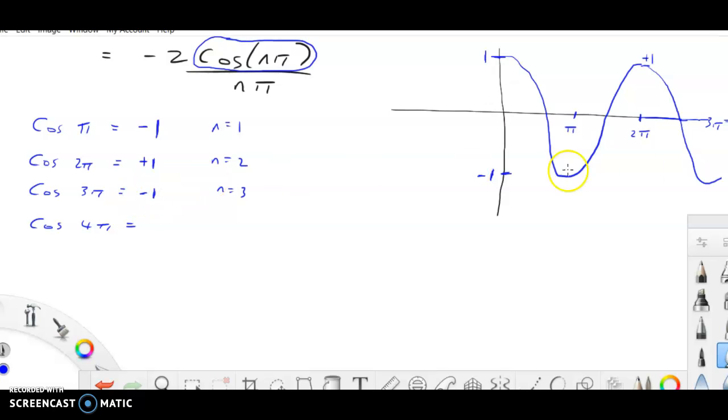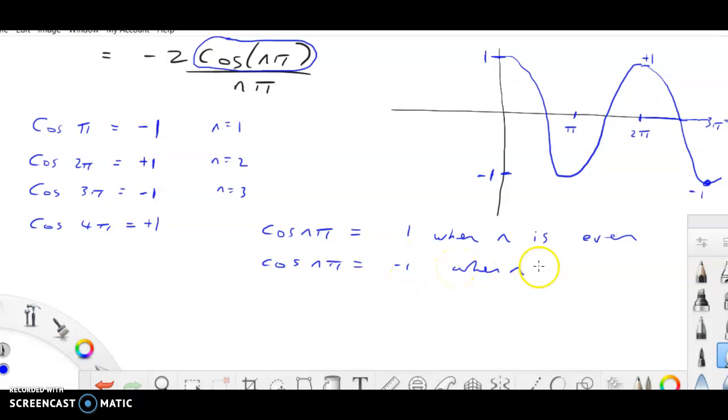Again, you get minus 1. 3 pi down here, see it? Minus 1. So that goes on and on. So cos n pi equals 1 when n is even, and cos n pi equals minus 1 when n is odd.